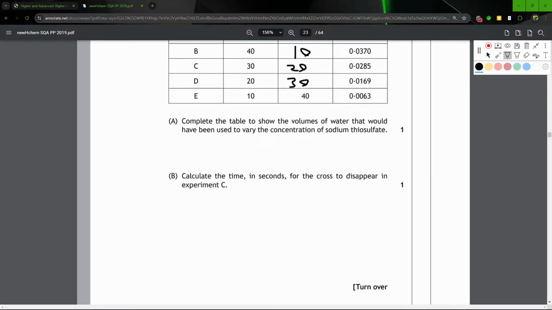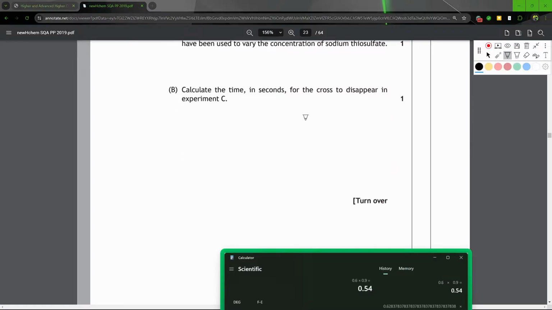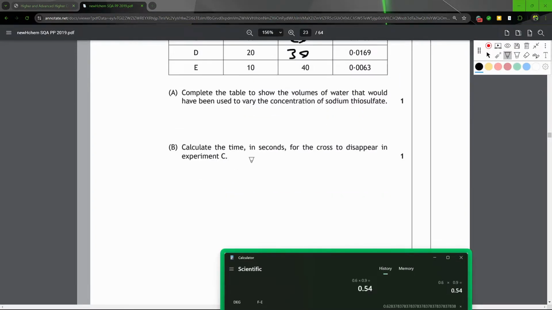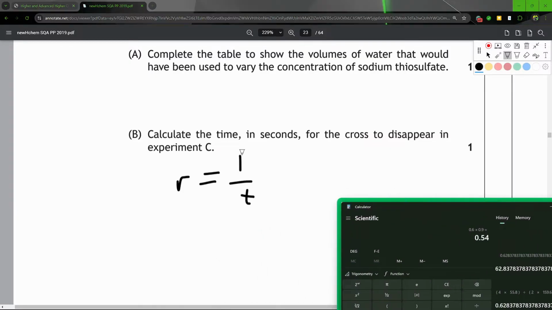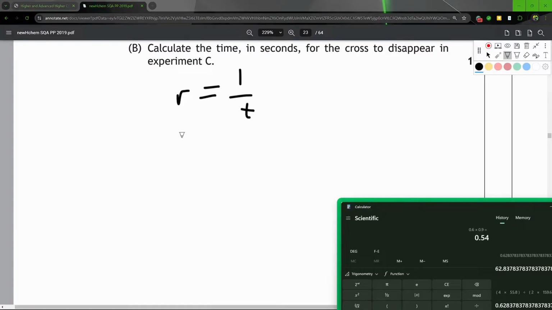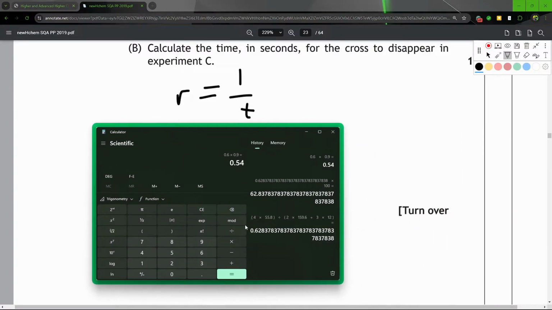Calculate the time in seconds for the cross to disappear in experiment C. Remember that to calculate relative rate, it is 1 over time. So if we want to calculate the time, it would be 1 over the rate to equal time. We just need to do the same thing.